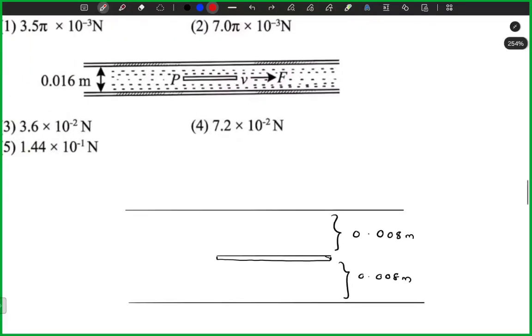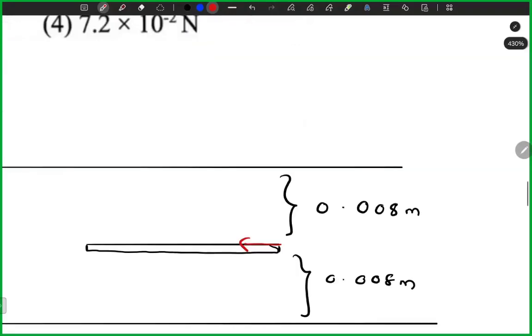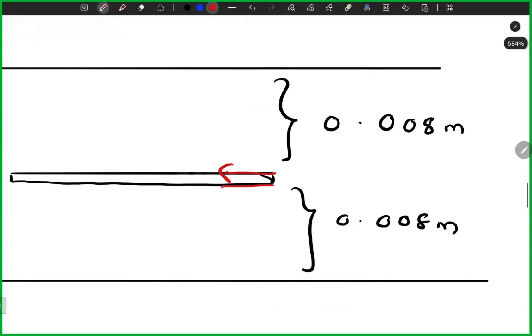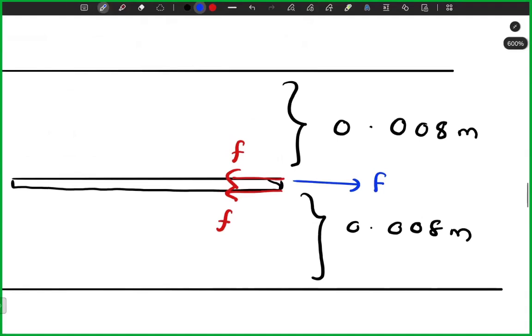When it's going with the velocity v forward, viscous force acts backwards. So we have viscous forces acting backwards. If I want to maintain a constant velocity, I should provide a force F that is equal to what? 2 times simple F, because viscous forces are acting on this side as well as this side, right?